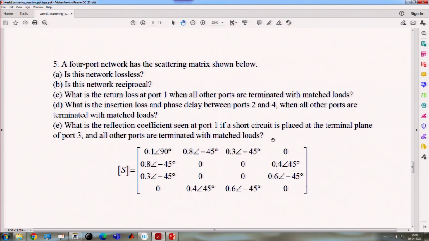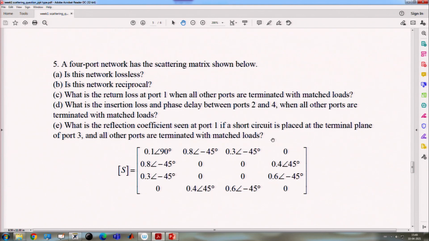What is the return loss at port 1 when all other ports are terminated with matched load? Next, what is the insertion loss and phase delay between ports 2 and 4 when all other ports are terminated with matched load?